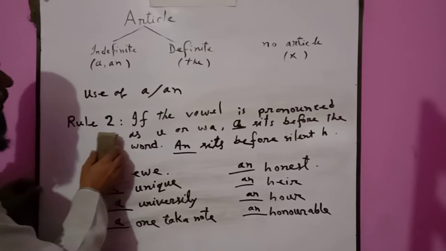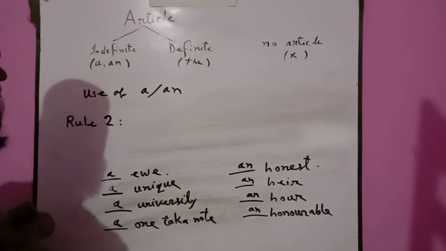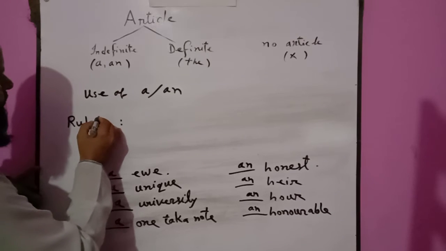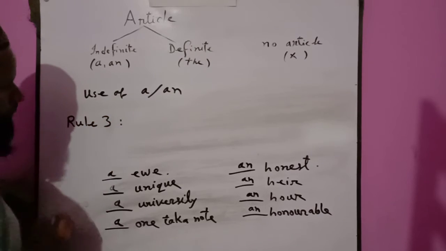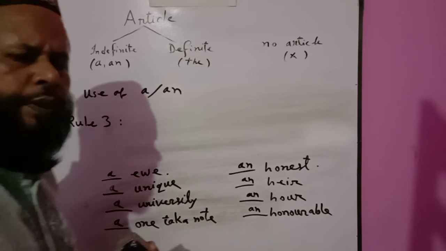Now, rule 3. Article before abbreviation.